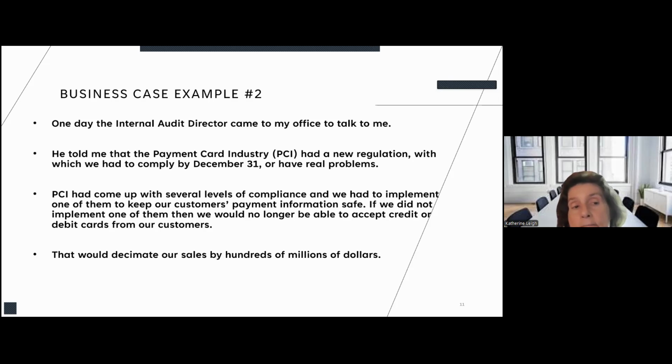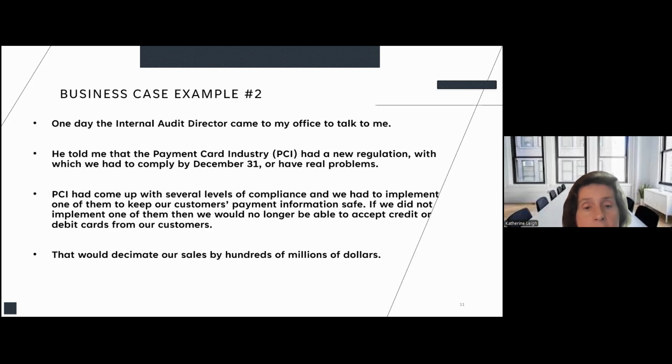They were doing this because so many merchants who had online sales were getting hacked. So PCI had come up with several levels of compliance, and we had to implement one of them in order to keep our customers' payment information safe.